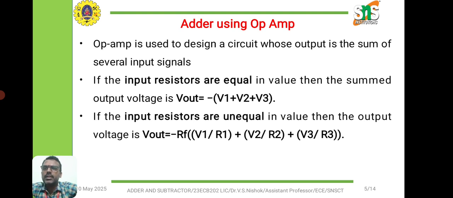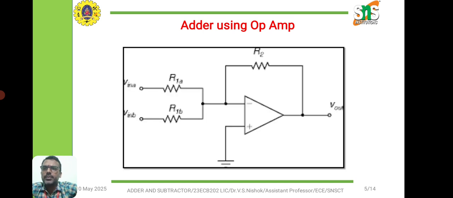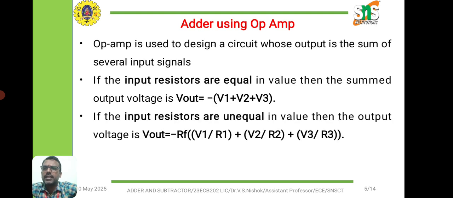If the input resistors, that is the resistors connected with the input voltages, R1A and R1B, are equal in value, then the summed output voltage Vout is represented as minus (V1 plus V2 plus V3).